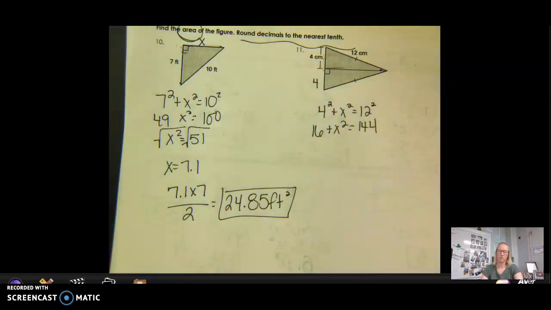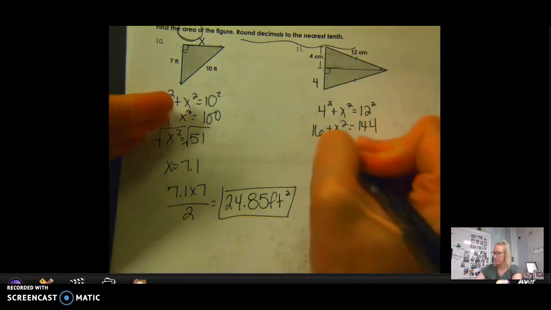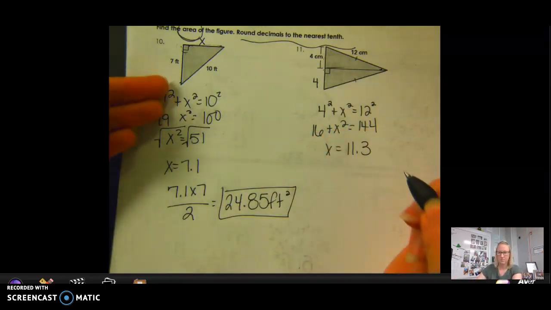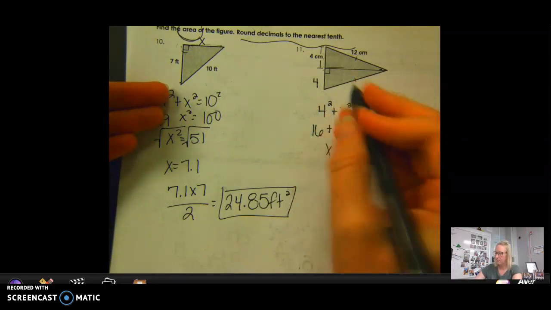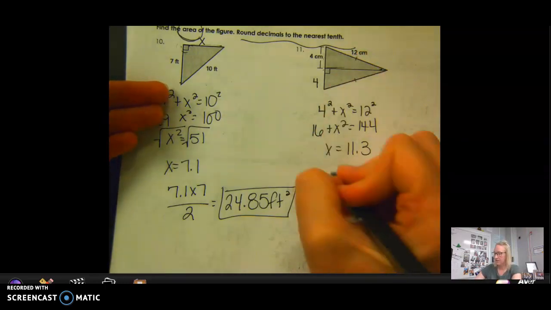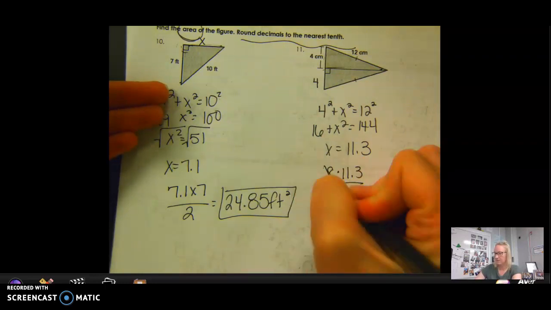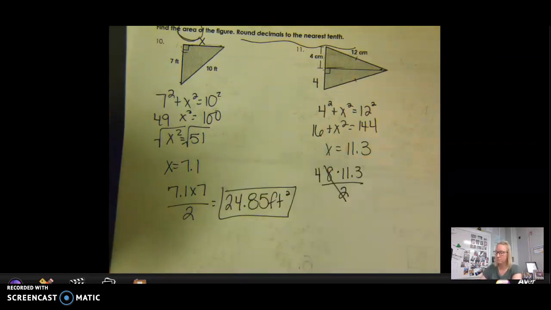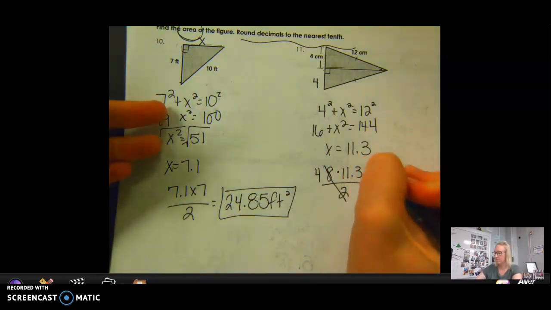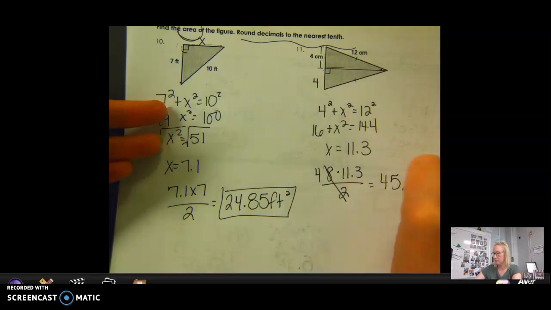I'm going to take 144, subtract off 16, and then square root that. And I get x equals 11.3, rounded to the nearest tenth. So now I need to do the length. The whole way across is 8 times 11.3. Divide that whole thing by 2. That's the same thing as multiplying this by 4. So I get 45.2 centimeters squared.